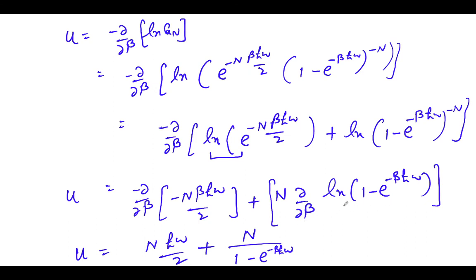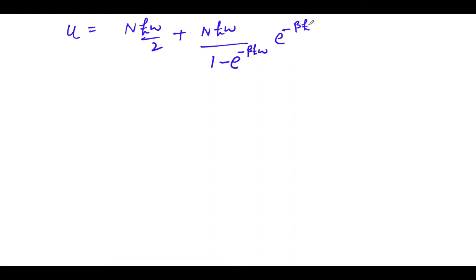For the derivative of a logarithmic term, the bracket term comes into the denominator, and again we take the derivative of this term, giving minus h bar omega. So this equation of internal energy comes out to be n h bar omega over 2 plus n h bar omega over 1 minus exponential of minus beta h bar omega into exponential of minus beta h bar omega.